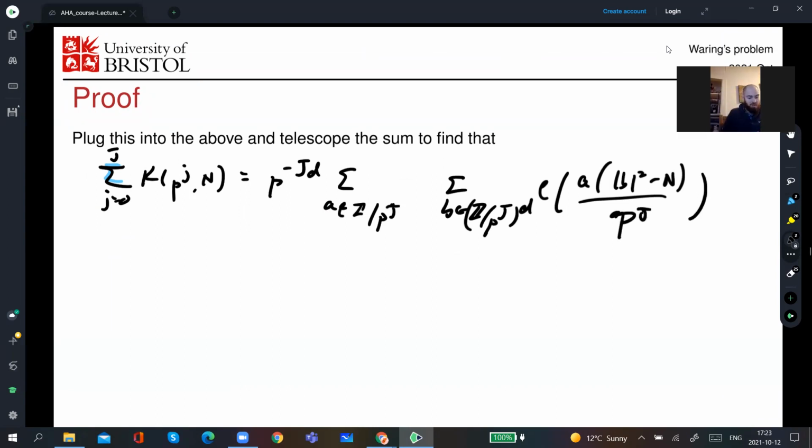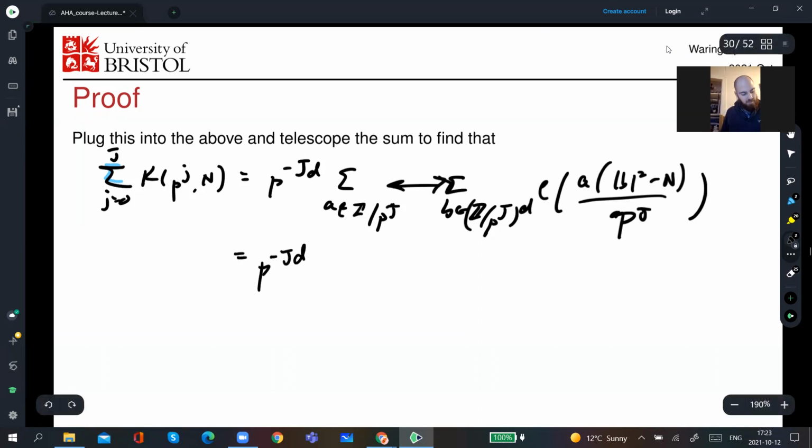Now that we've completed our exponential sum, we actually get to apply orthogonality. Fubinize again to switch the order of summation, and do the sum over a. This equals p to the minus Jd, the sum over b in z mod p to the J d.